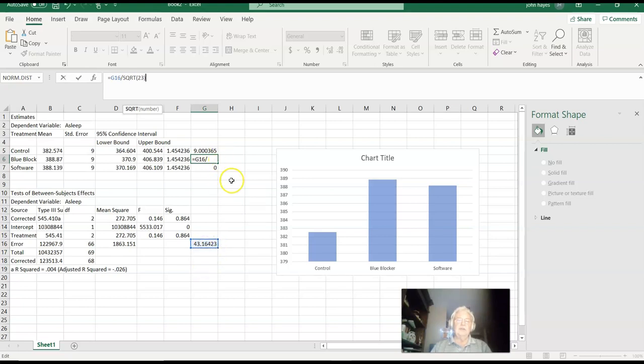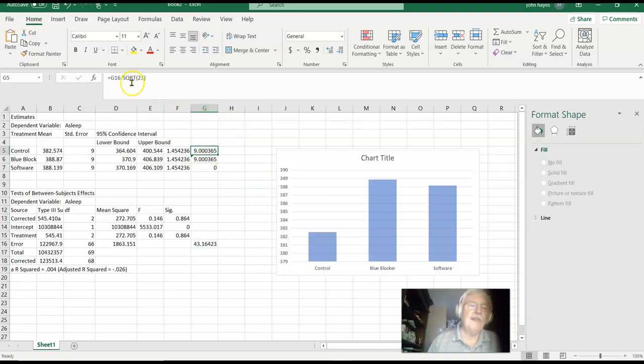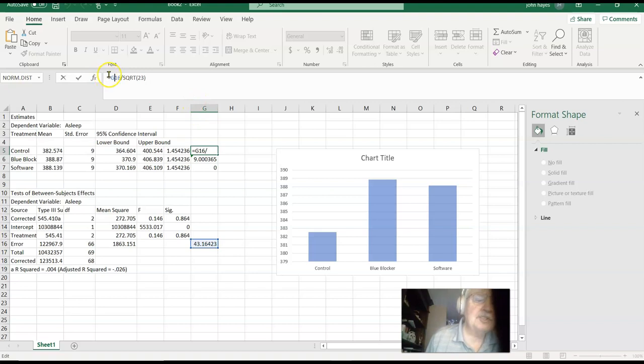Now, what we could do is come here and click up here, come over to this cell here, which is G16, and we can put a dollar sign in front of the G and a dollar sign in front of the 16, and the dollar sign anchors that to be this particular value. It's the column G at the row 16.